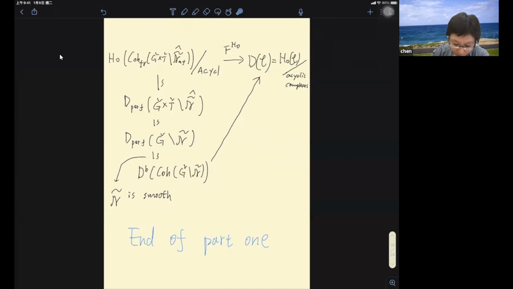Now it's a general fact that this quotient is equivalent to the derived category of perfect complexes on the quotient stack of this T-torsor, which can be canonically identified with the derived category of perfect complexes on the quotient of the Springer resolution, because this is a T-torsor over N tilde. But the Springer resolution is smooth, so the perfect category is the same as the bounded derived category. Therefore, we get a functor from the equivariant derived category of the Springer resolution to this category.